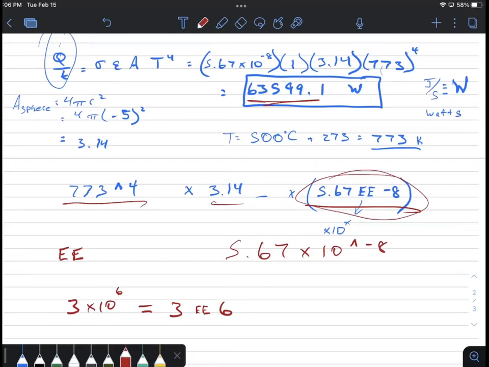For instance, if you're not careful, when you do this 5.67 thing, you may do 5.67 times 10 raised to the minus 8. Well, it may try to do that, and then raise to the minus, and then you have just this 8 sitting out here by itself.